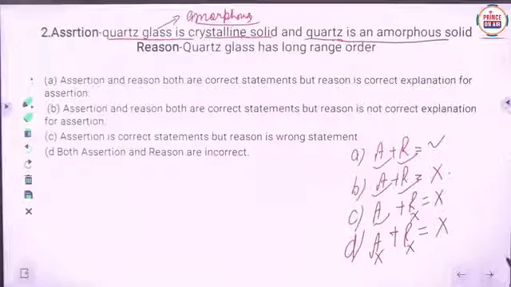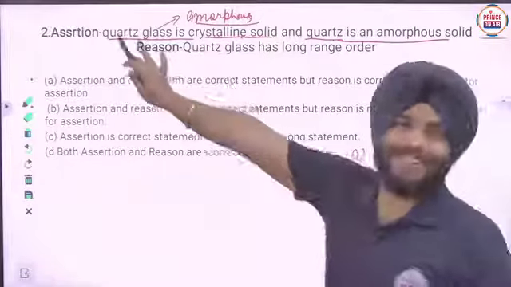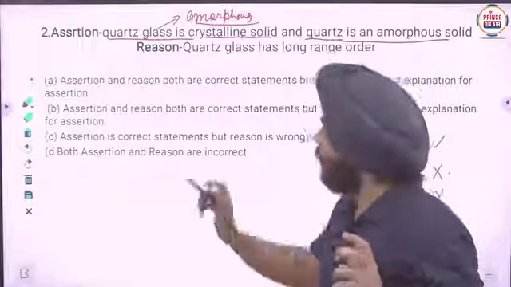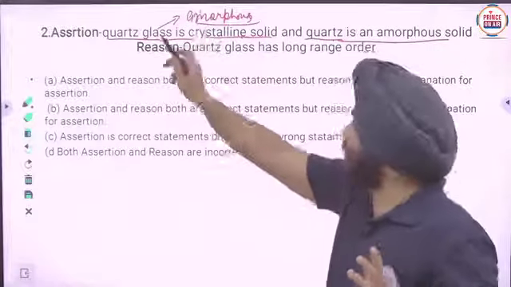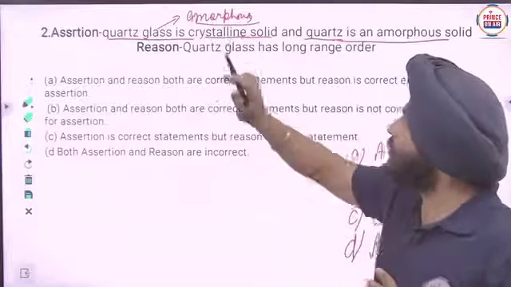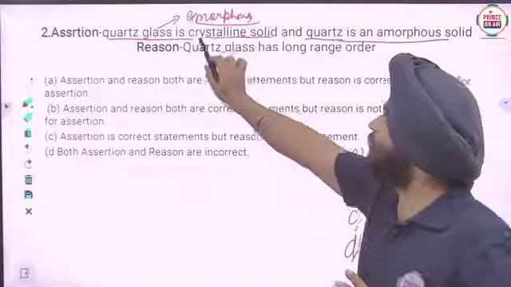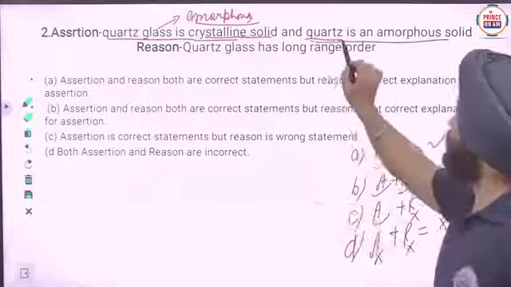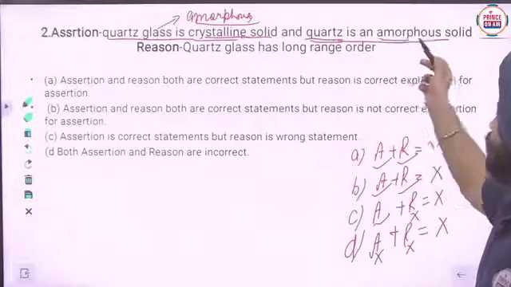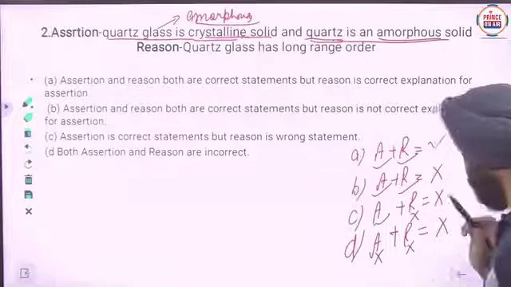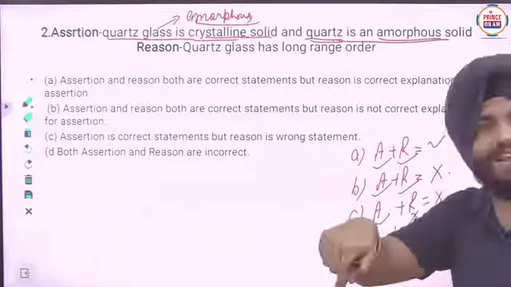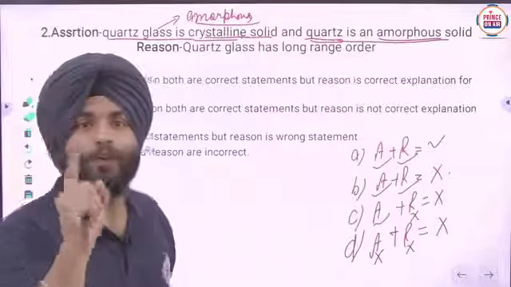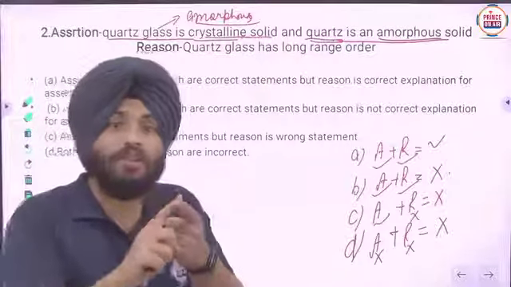If the assertion is incorrect, that is the most important trick here. Quartz glass is actually amorphous, but they are saying crystalline. We know that very well. Now, if the assertion is incorrect, you can see from the options that only one option carries an incorrect assertion.